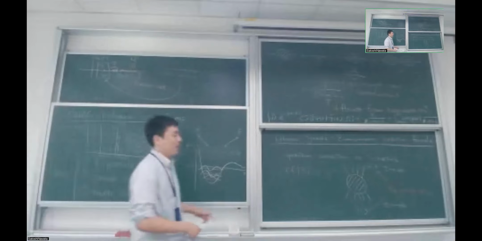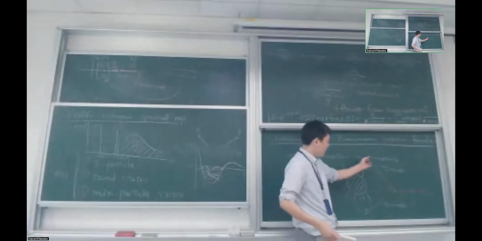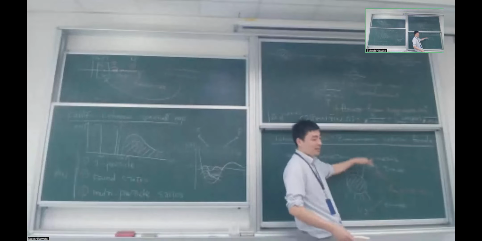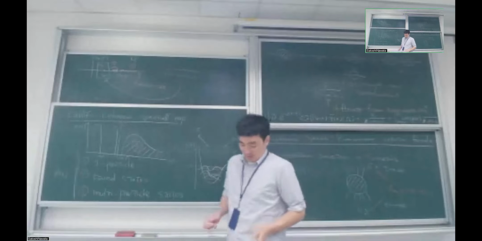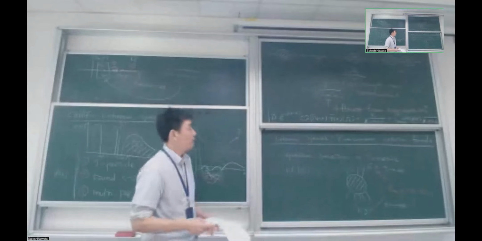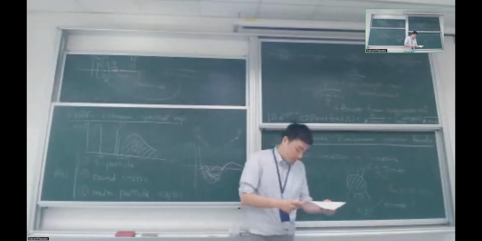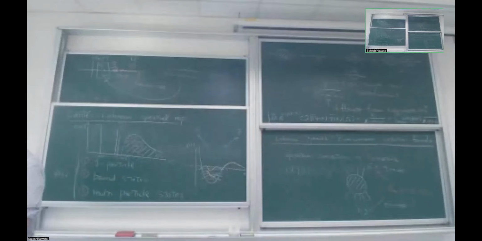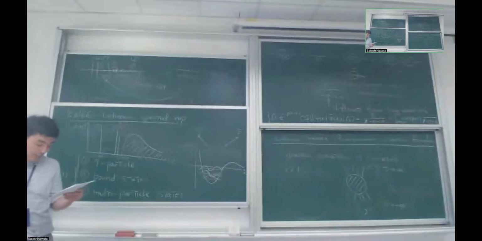So we have to be careful about how we define the free particle states at past infinity and future infinity, and how we treat i, f, and the operator phi to define the S-matrix. That's where the LSZ reduction formula arises.